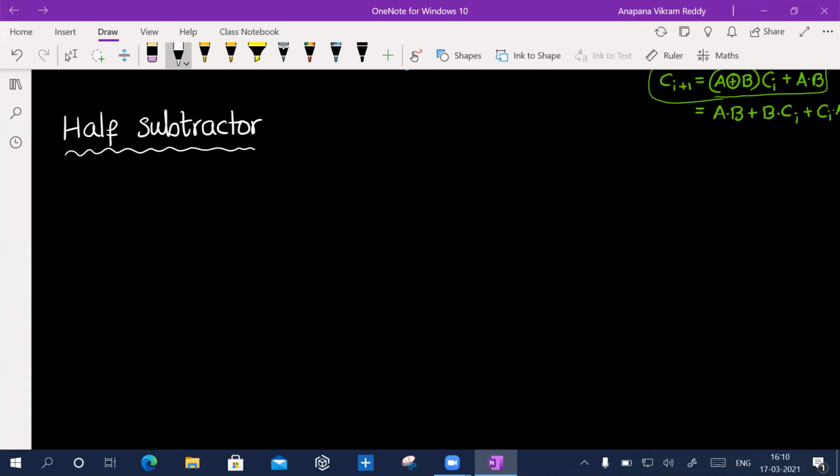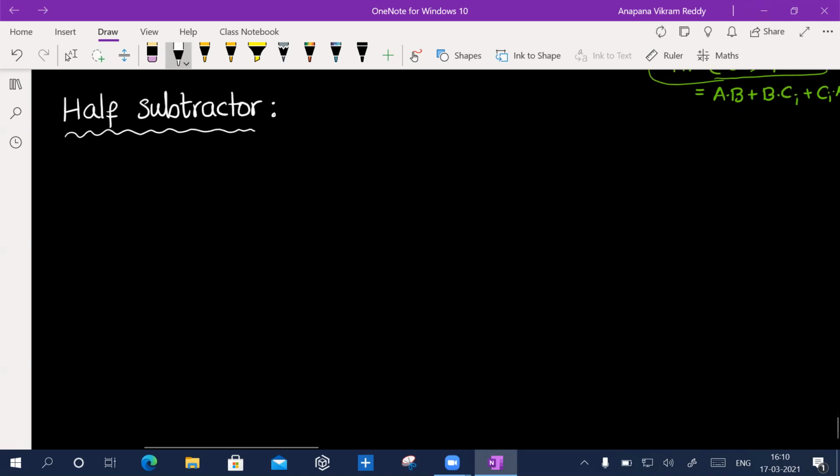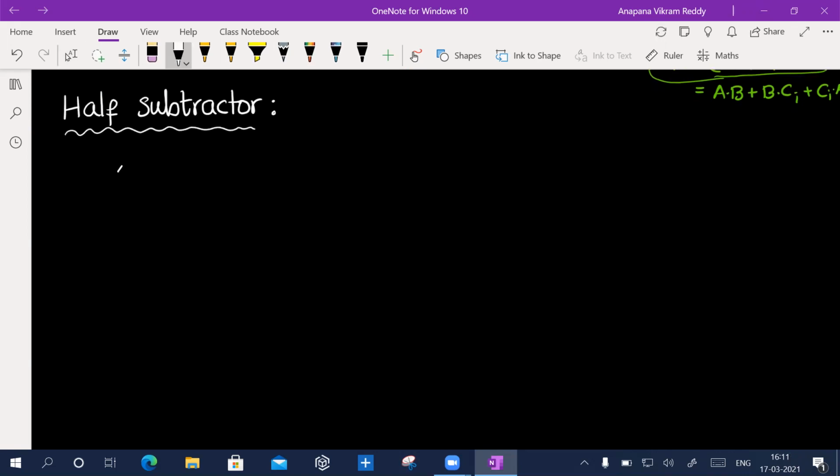Half adder means a one bit adder; you can add two one-bit data using a half adder. Now I'll take again two inputs A, B. This time I take difference D, and borrow as small b, where capital D is the difference output and small b indicates borrow.